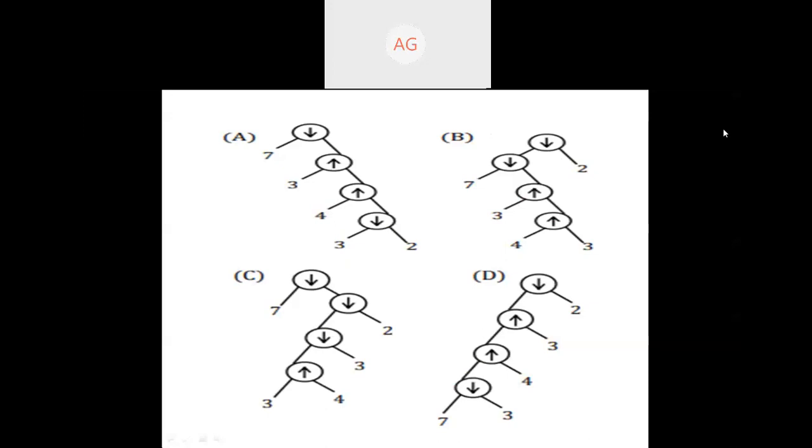Okay, only four students have given the answer. The rest of the students also need to write their answers in the chat box.